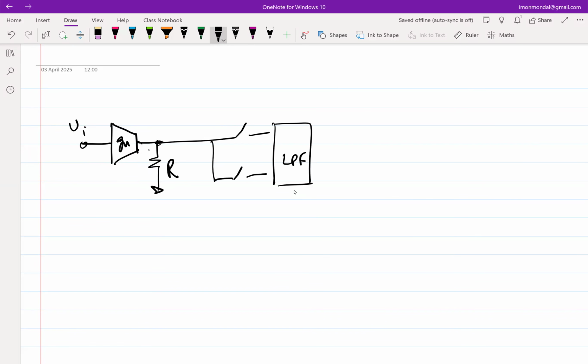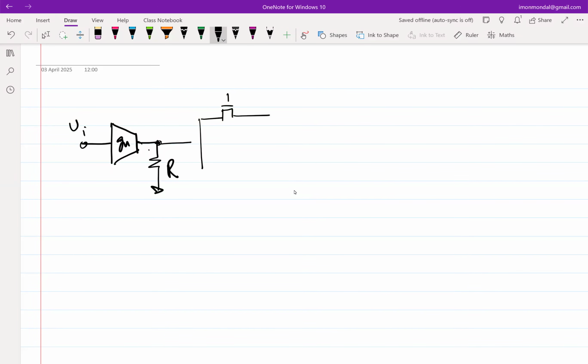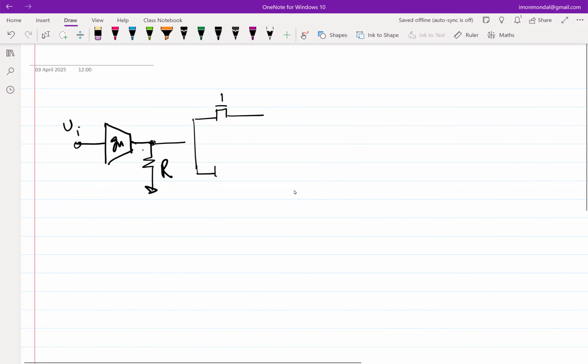The most common thing I saw people do was this. And there was a PMOS equivalent of that also, because it's a transmission gate.